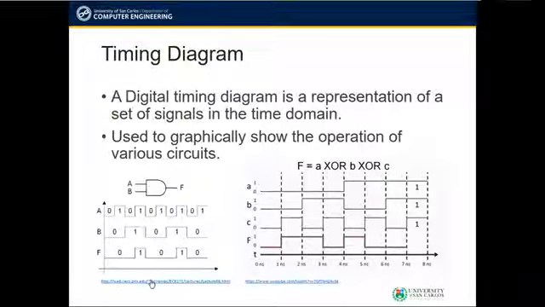As you can see, at the first time instance here, it is shown that when an input of A equal to 0 and B equal to 0 is considered, an output of F equal to 0 can be obtained.